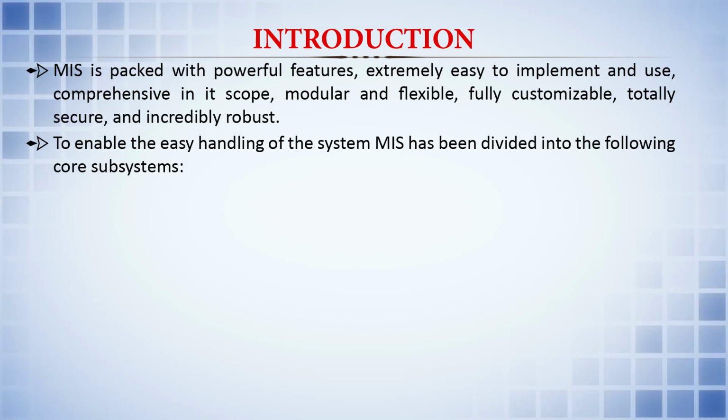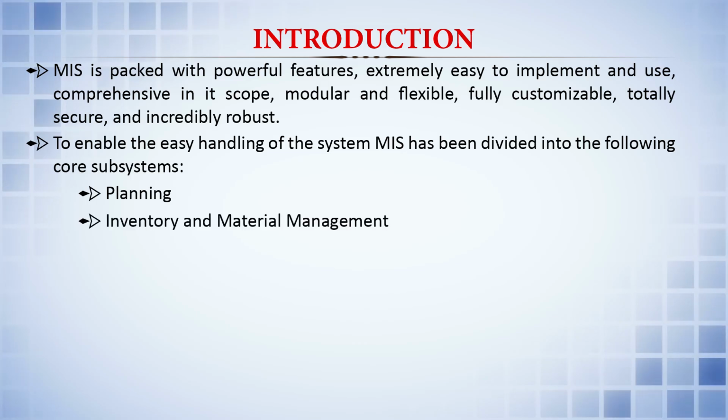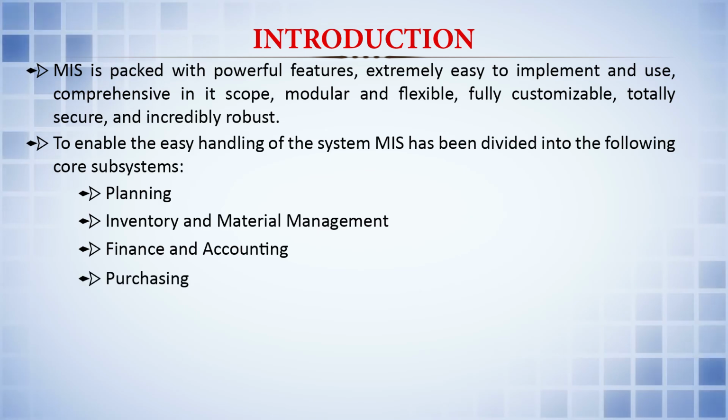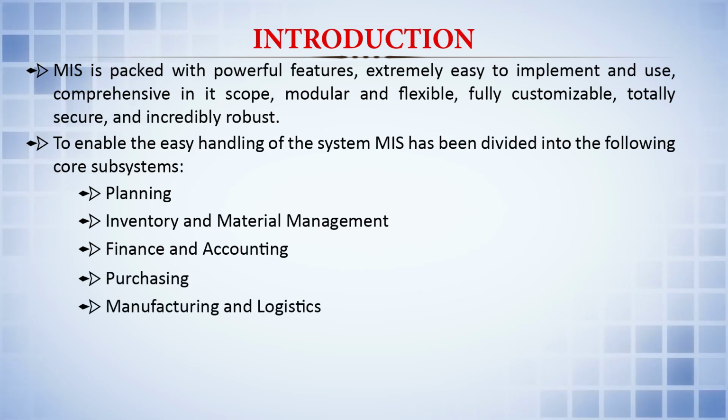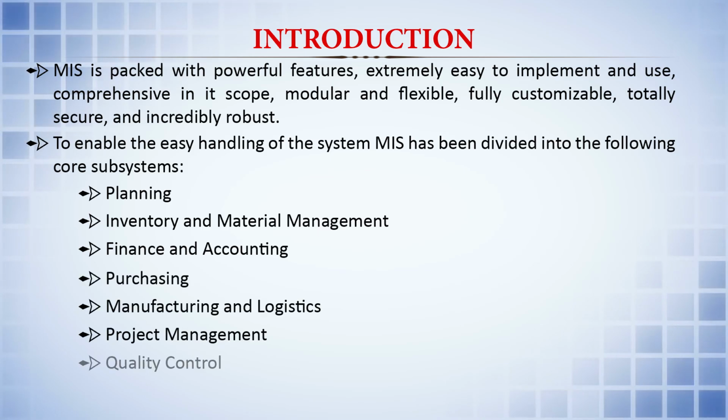It is not a single system, but a mix or integration of several core subsystems: planning, inventory and material management, finance and accounting, purchasing, manufacturing and logistics, project management, quality control and budgeting.